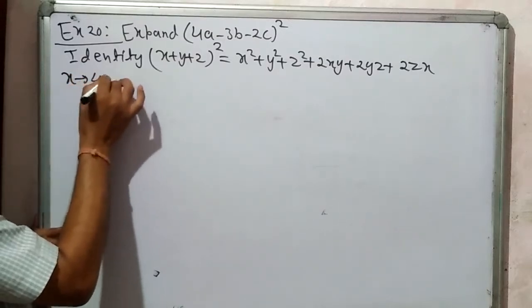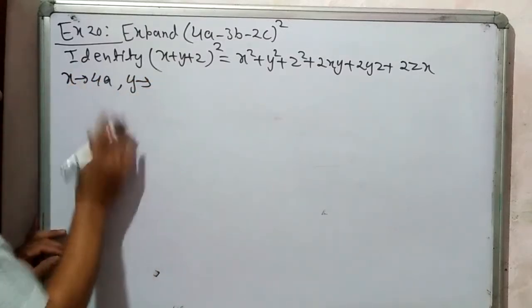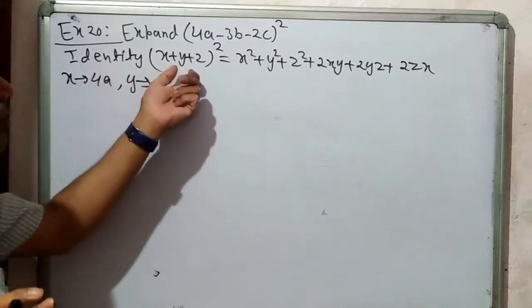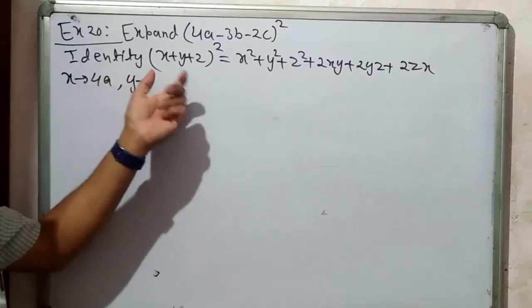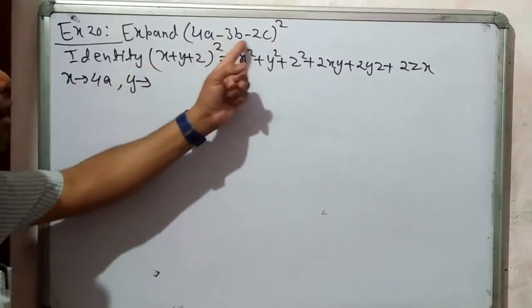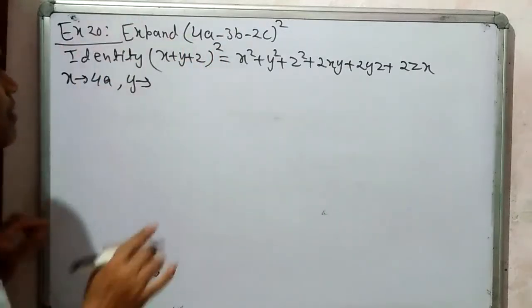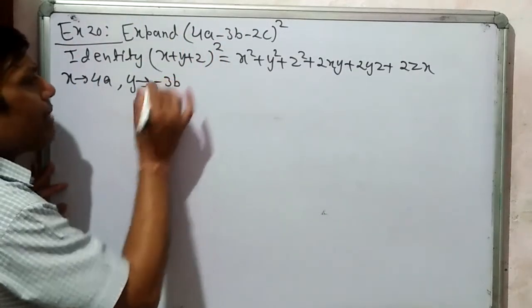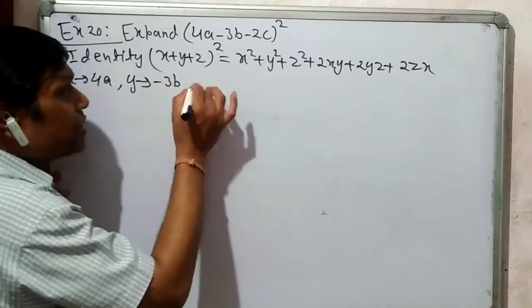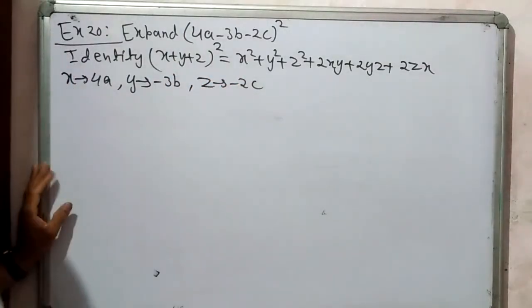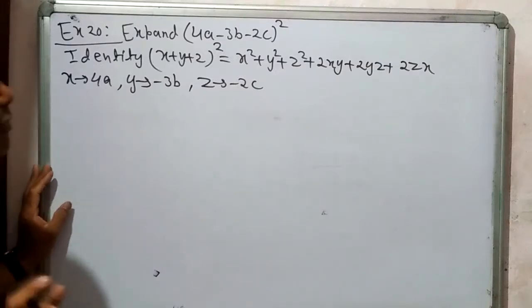Identify y very properly, because in this particular identity, we have to identify x, y and z with their proper sign. Y is not 3b, it is minus 3b. Z is not twice c, it is negative twice c.